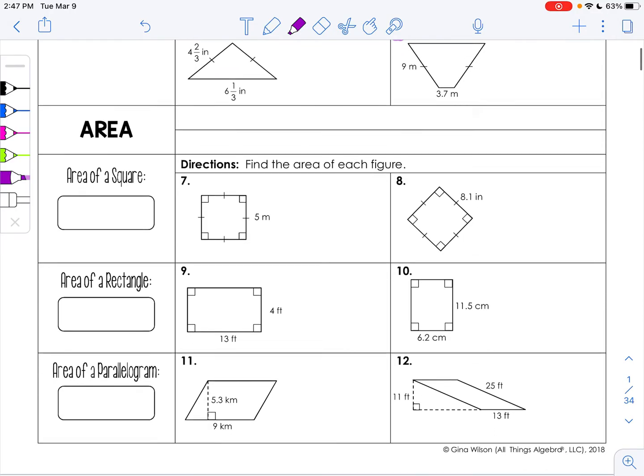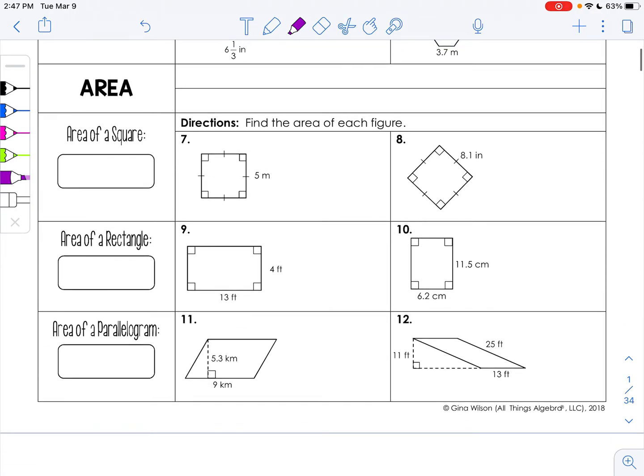Now let's review area. So area can be found a few different ways depending on the shape. So remember, area is the amount of space occupied by a 2D shape.